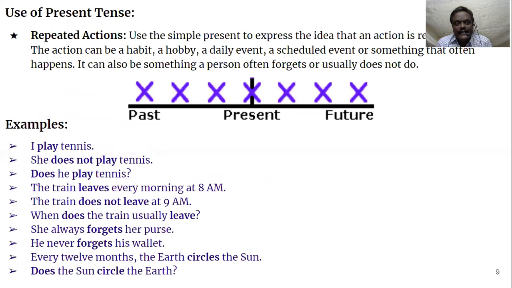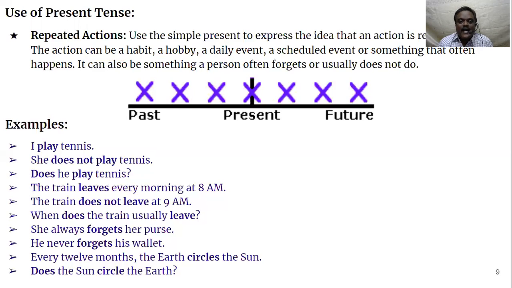Repeated actions. Use a simple present to express the idea that an action is repeated or usual. The action can be a habit, a hobby, a daily event. See, you have to take care of this. Action can be a habit. You have some habits, like you collect stamps.